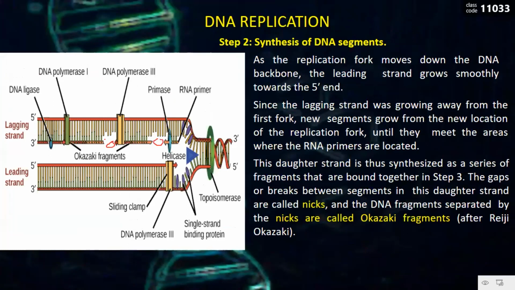These spaces, we call that nicks. Nicks is synonymous to cut, break. So these nicks are the gaps, the breaks, parang mga butas diyan sa ating nakikreate na DNA. So nakikita lang yan doon sa lagging strand natin.